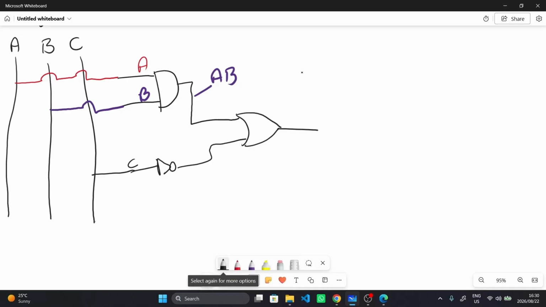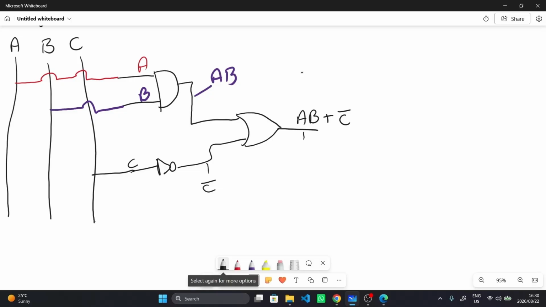Then we know our input C, output here will be C complement, and then if we add these together, it should be AB plus C complement, right? So we got our equation from the circuit diagram, right?